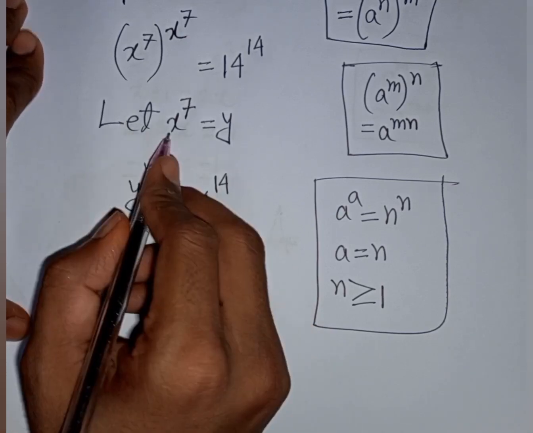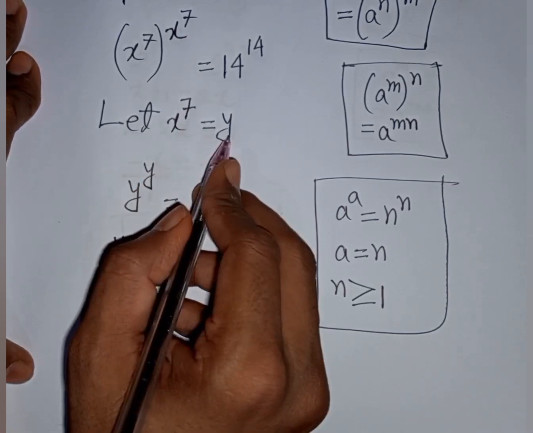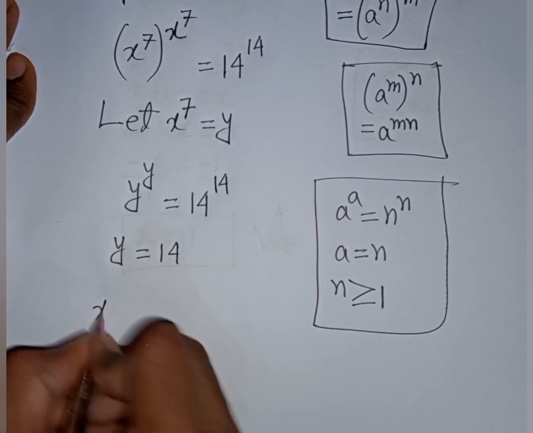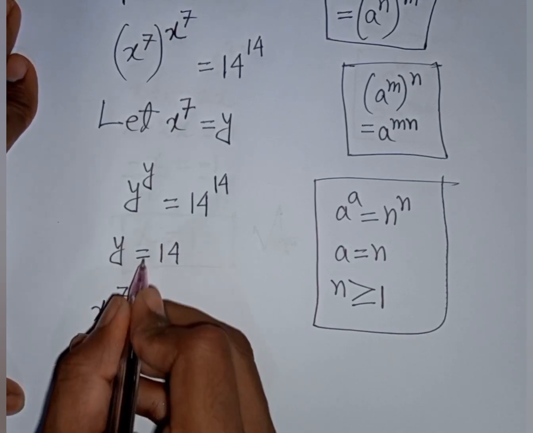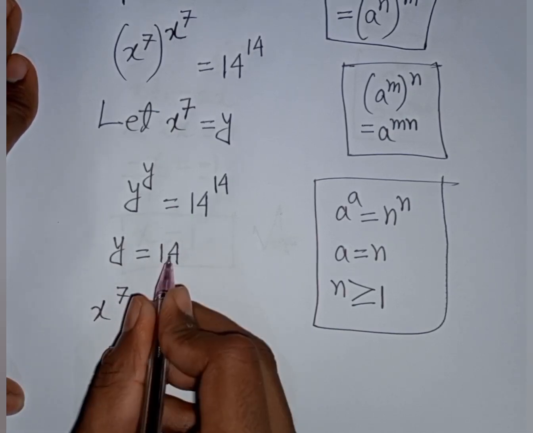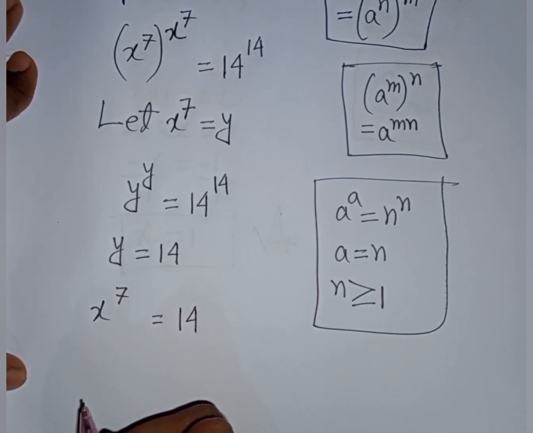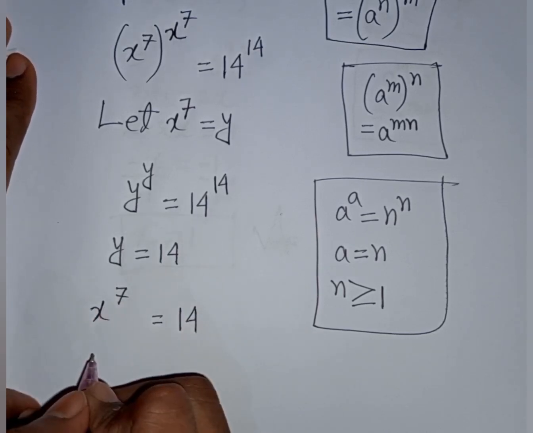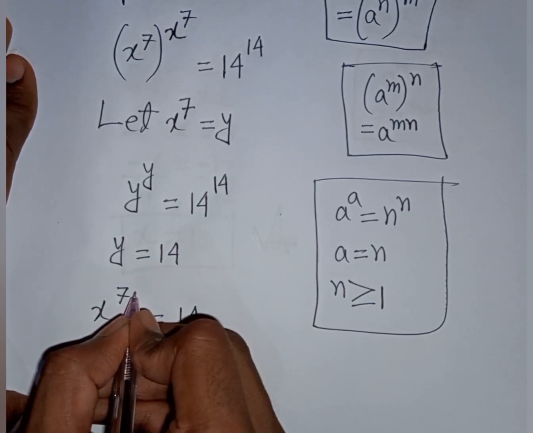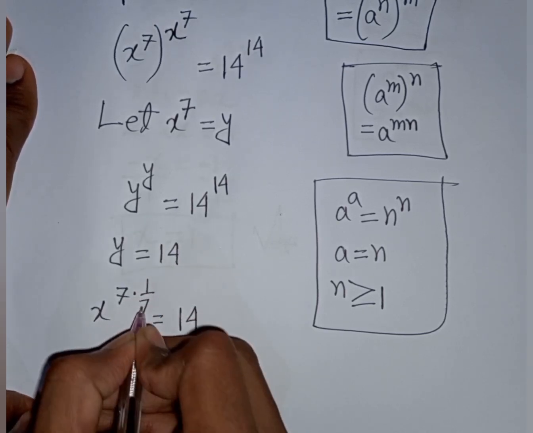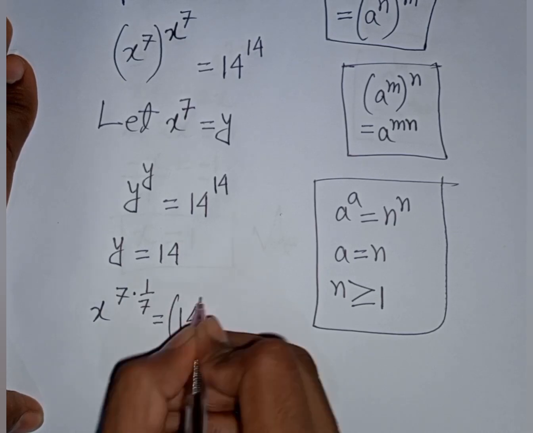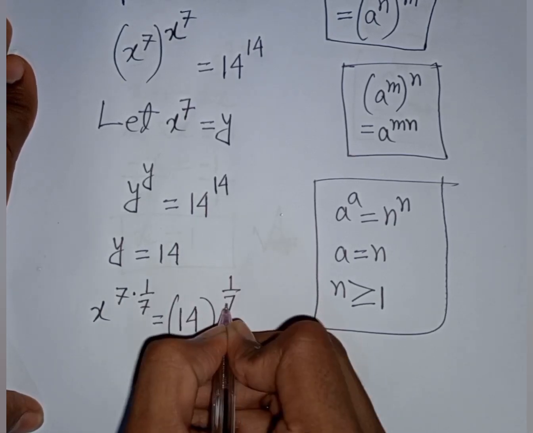But remember that x^7 is substituted by y. So x^7 is equal to 14. Now we need the value of x. So we multiply by the power of 1/7 on both sides.